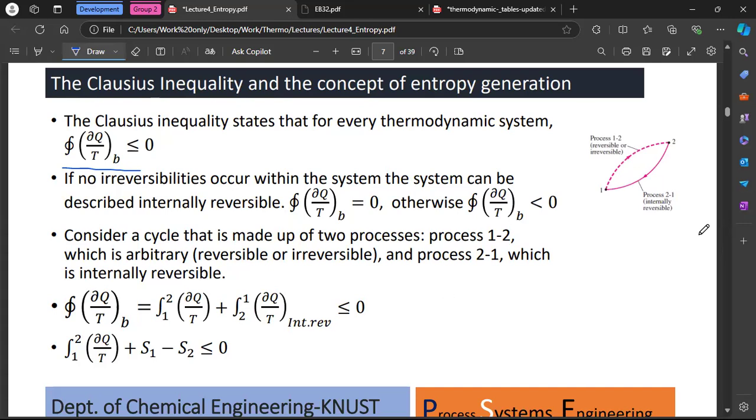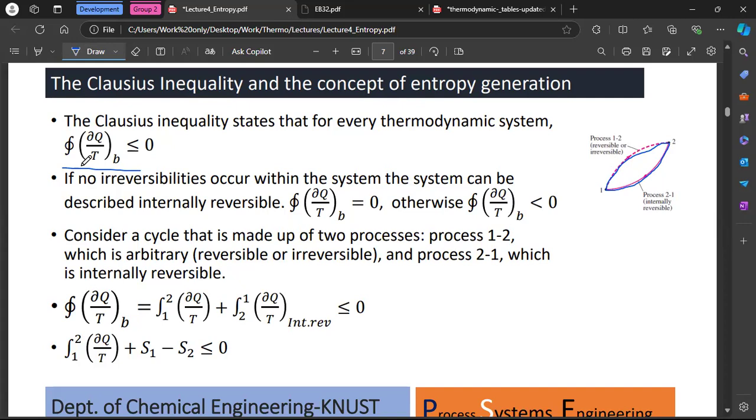So let's look at this image we have on the right here. We have a situation where I can move from point 1 to point 2, and then from point 2 back to point 1. So that's a cycle, right? If I integrate over a cycle, it means I'll first integrate from point 1 to point 2, then I'll integrate from point 2 back to point 1. So that's a cyclic integral.